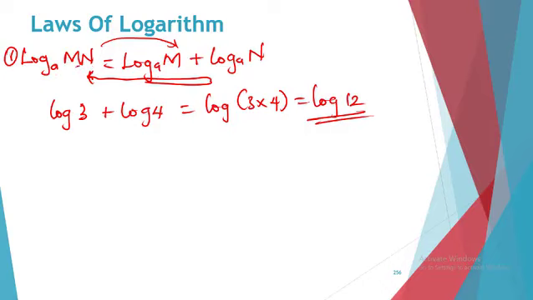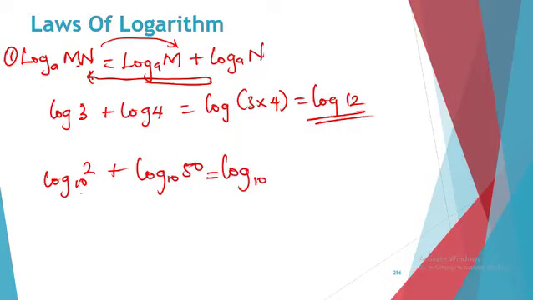So when you're dealing with multiplication in logarithm, you apply addition. And when you're dealing with division, then you apply subtraction. So assuming we have log 2 base 10 plus log 50 base 10, all you have to do here is to write down the log and the base, since they are of the same base.